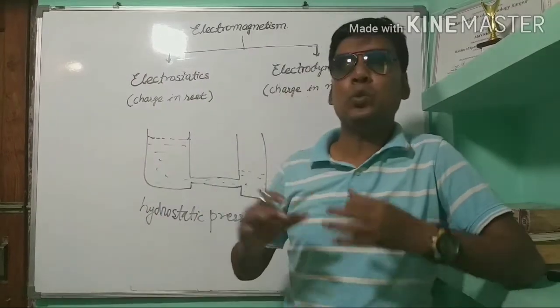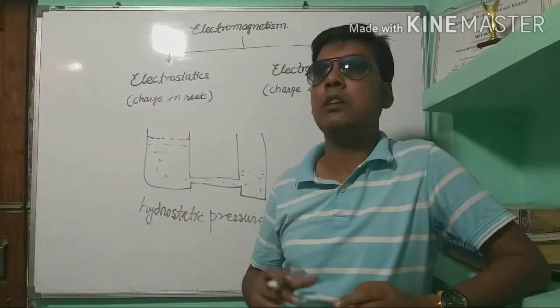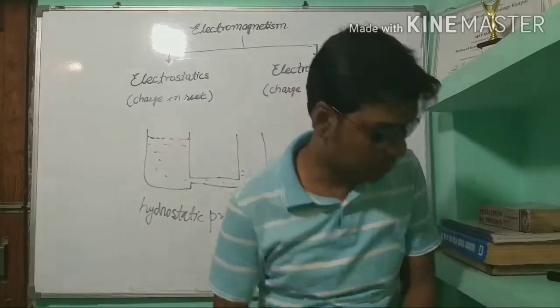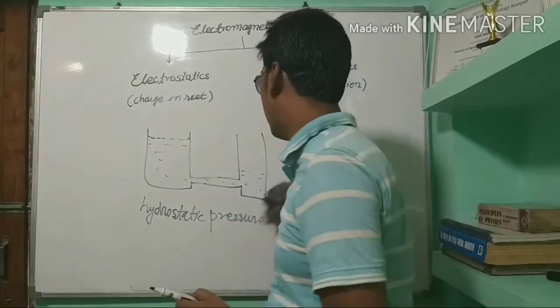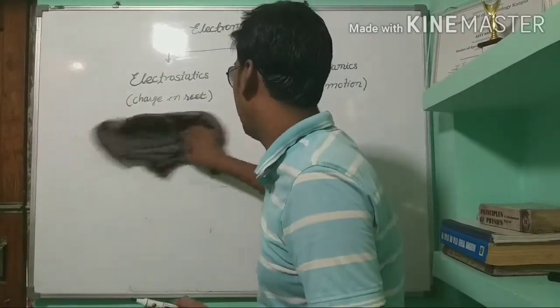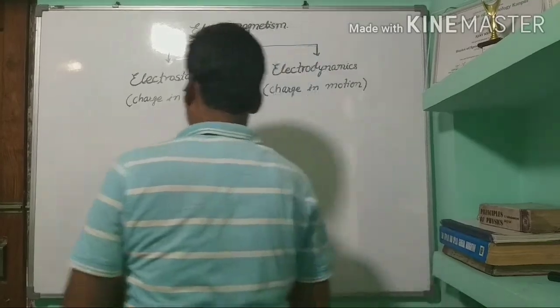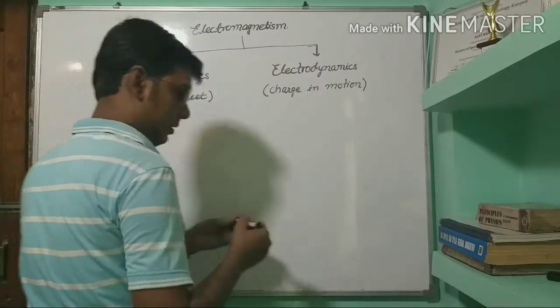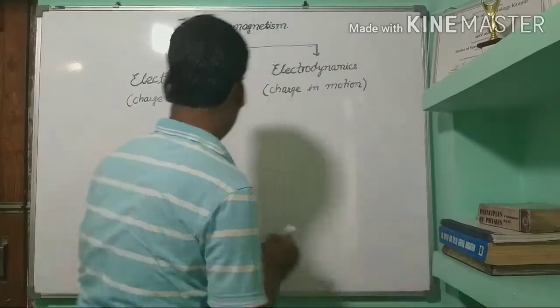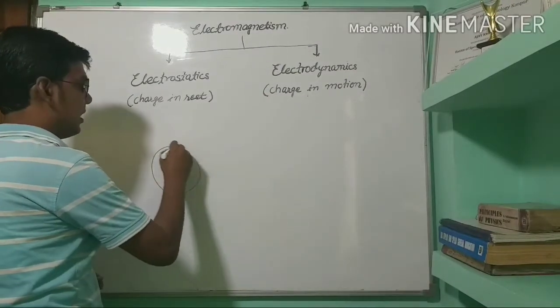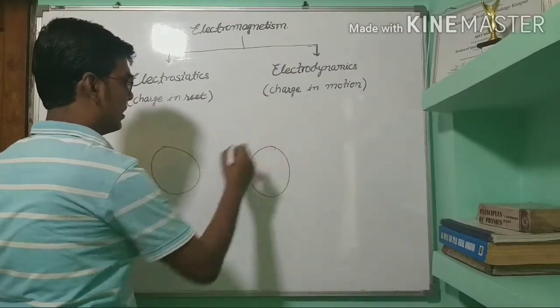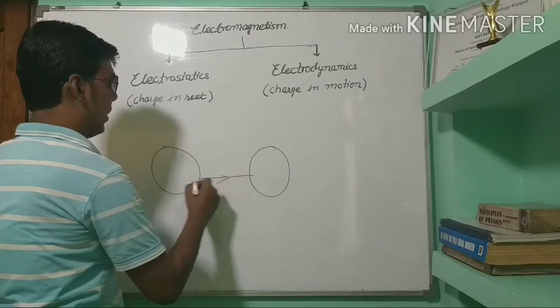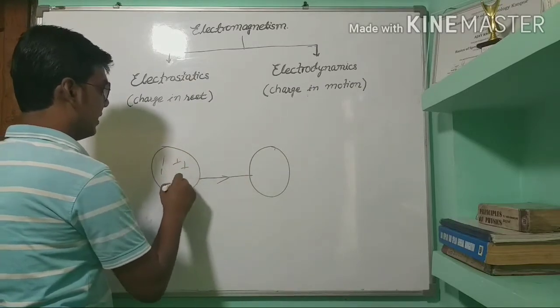Similarly, if two charged conductors are joined by a metallic wire, suppose I have two charged conductors, and they are joined by a metallic wire.